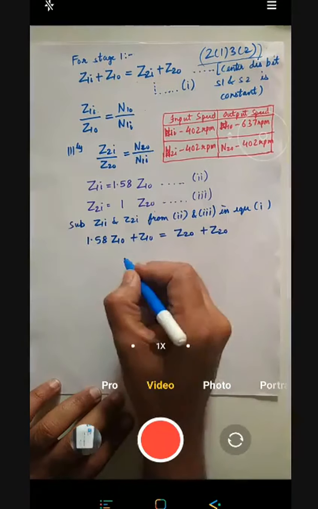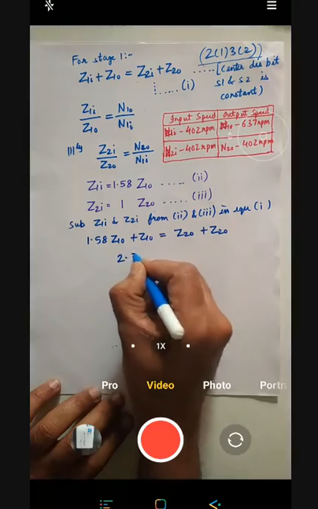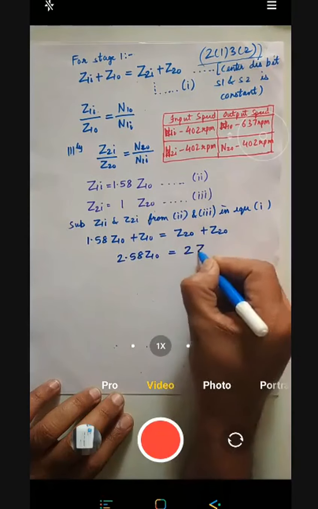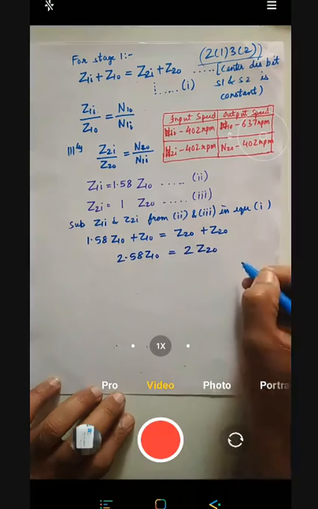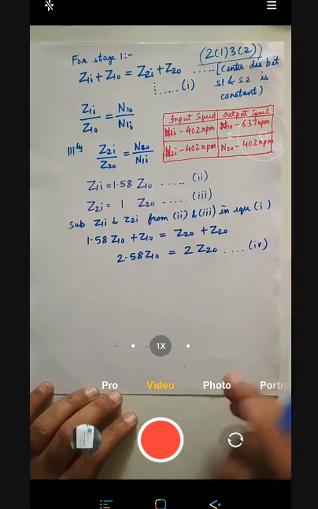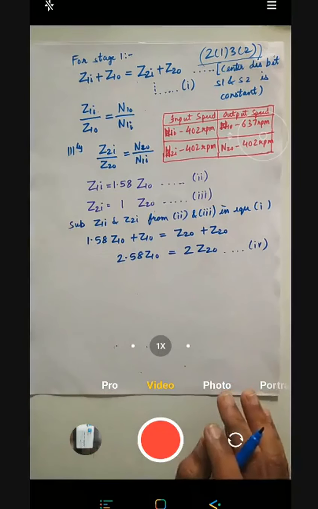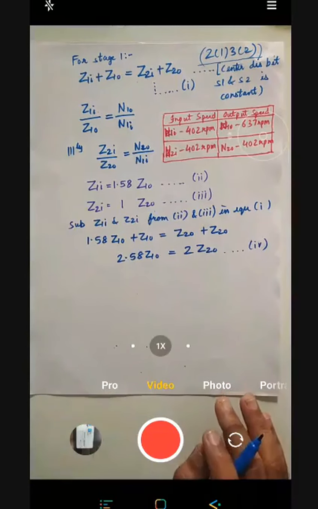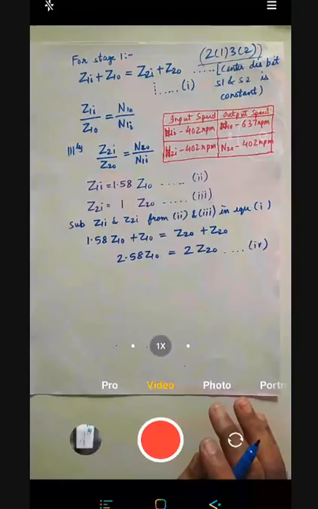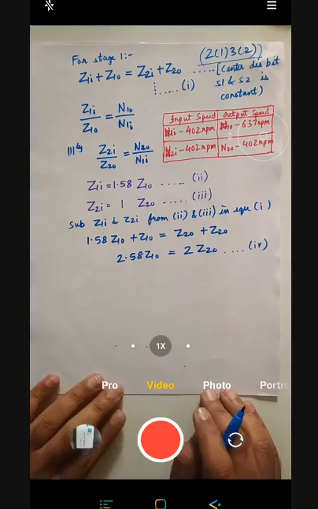So your new equation is 2.58 times Z1 output is equal to 2 times Z2 output. Correct? This is the final equation. Right? All are clear about this? Yes, sir.